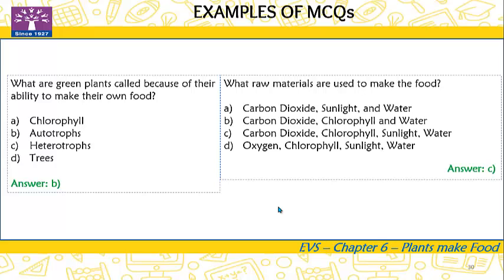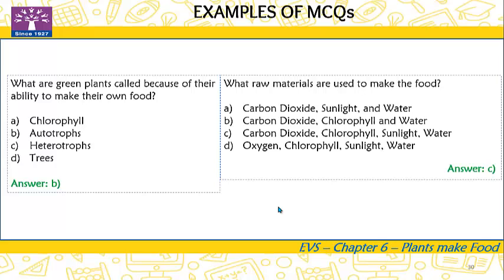And what raw materials are used to make the food? That answer is not in the passage. They have to infer the answer using the knowledge that they have acquired through this chapter on this concept. So this was addressing the design of case-based and passage-based MCQs.